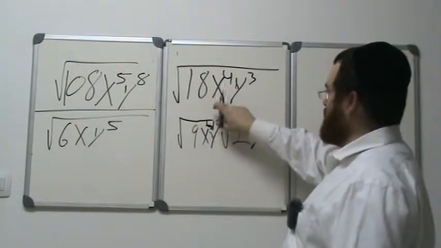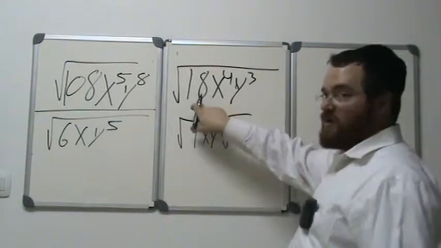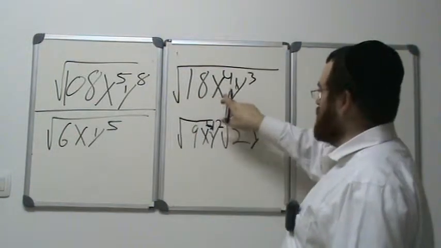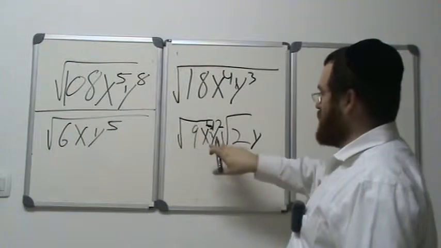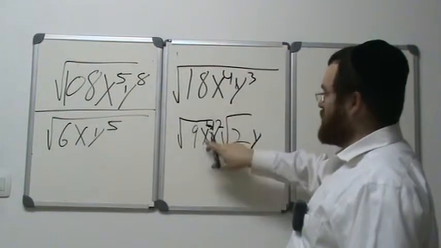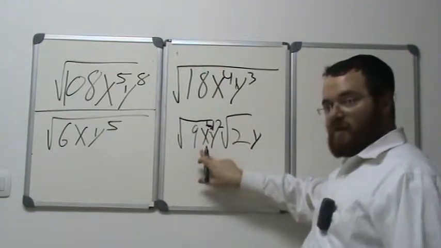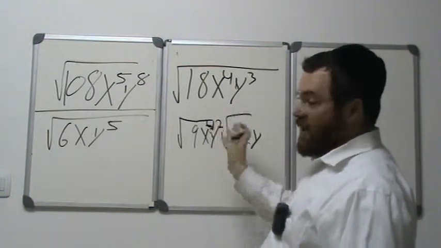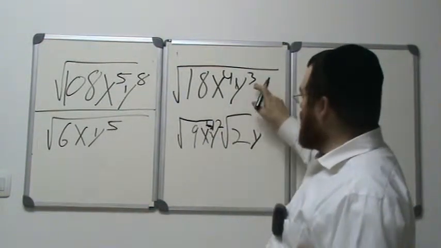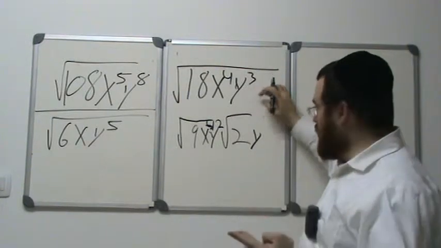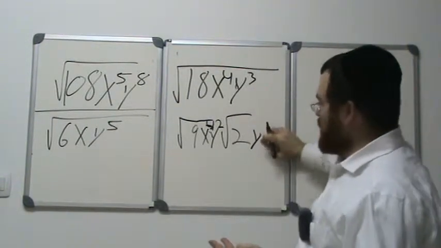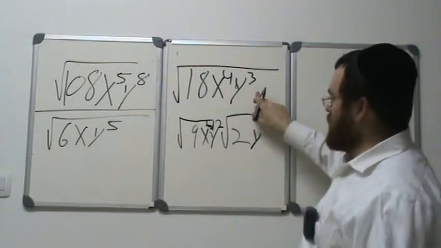So I broke down radical 18 into radical 9 times radical 2, and x to the 4th I put under what I'm going to get out of the radical sign, and y to the 3rd is just y times y times y. So take out one y squared and leave one y, because y times y squared is y to the 3rd.